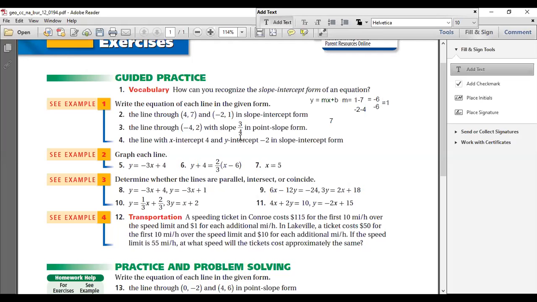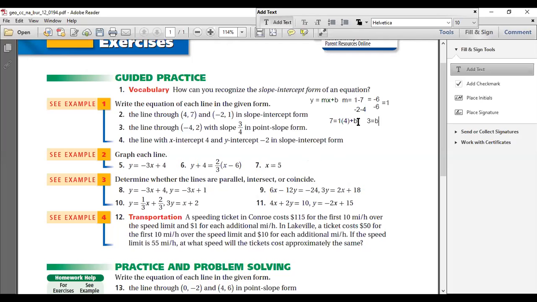So y, that's 7, equals the slope 1, x is 4, so 1 multiplied by 4 plus b. 1 times 4 is 4, so it's 7 minus 4, which gives you 3. So the y-intercept is 3.